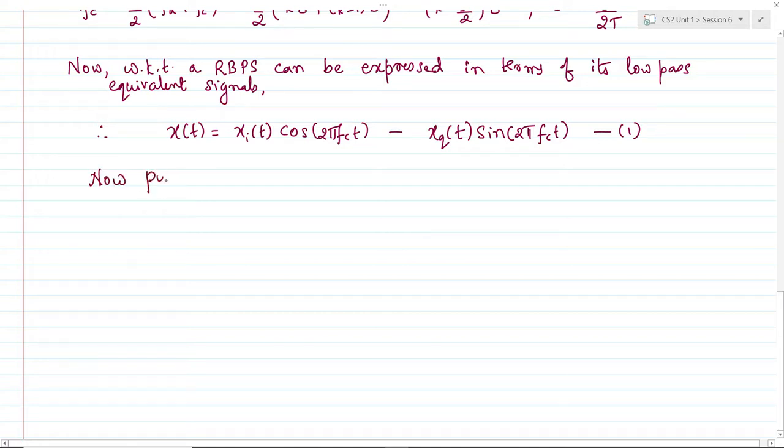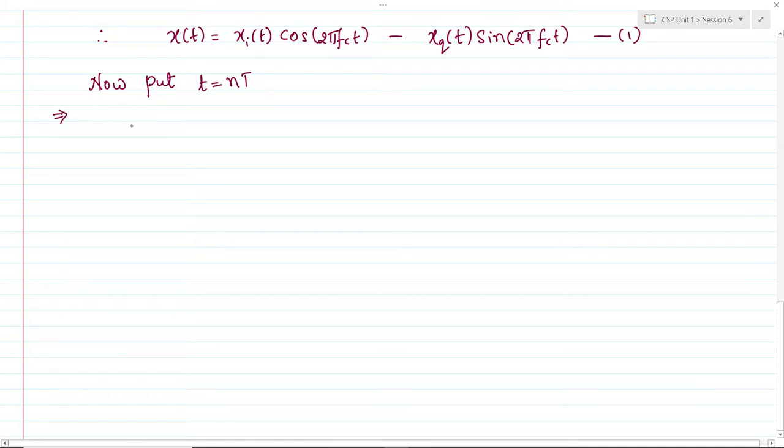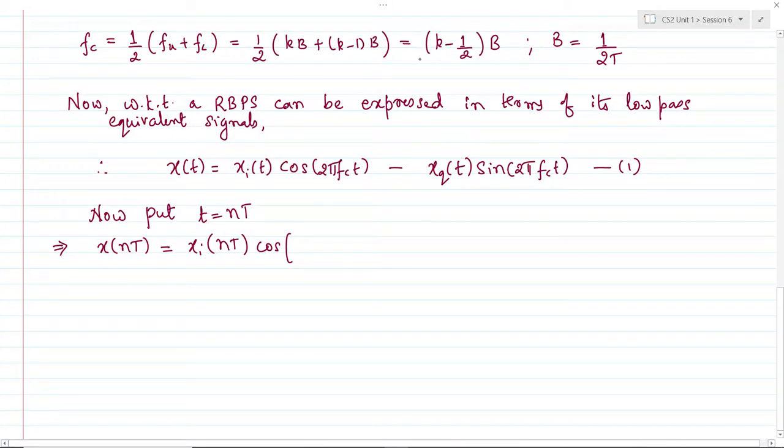So x_i(nT), and if you carefully note, we have written f_c in terms of capital T. Substituting that f_c, we can write this as cos 2 pi, where f_c is (k minus half) times b, and b is 1 over 2T, so (k minus half) times 1 over 2T times nT, minus similarly the quadrature component x_q(nT) sin 2 pi (k minus half) 1 over 2T times nT.